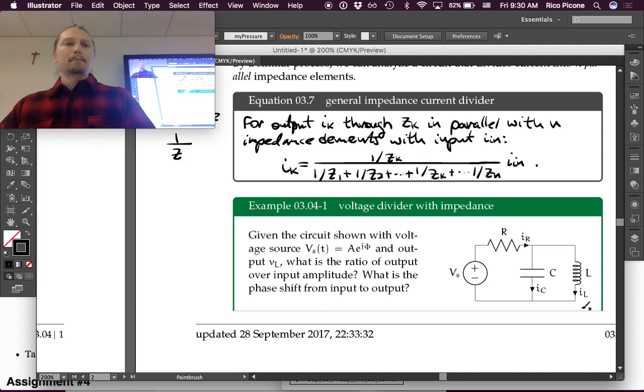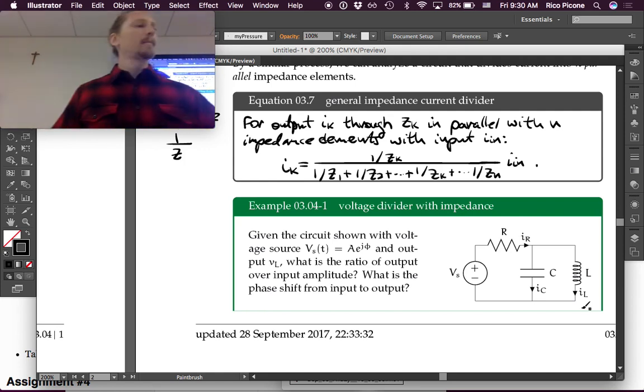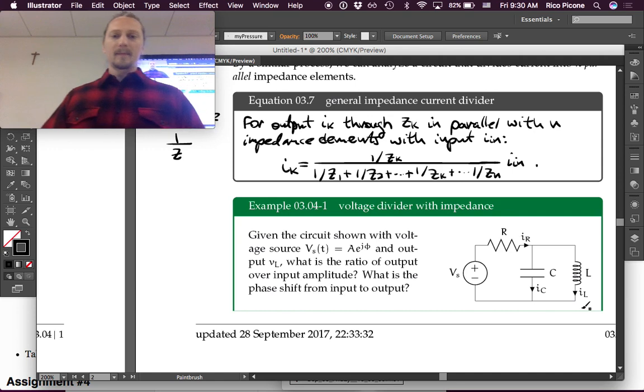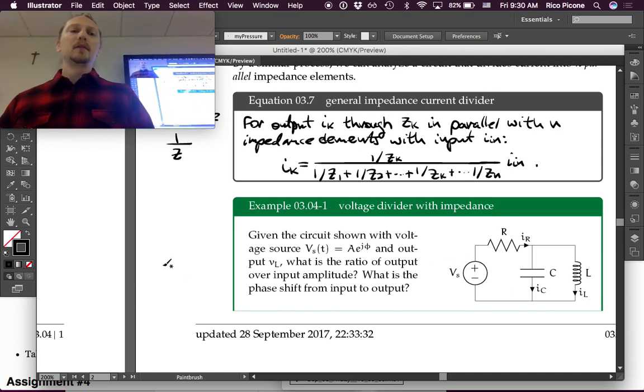Yeah? When you use the term amplitude, are you referring to voltage? So it depends. I'm going to refer either to the voltage or the current amplitude. In this case, the voltage source is sinusoidal, so this input amplitude is a voltage amplitude.